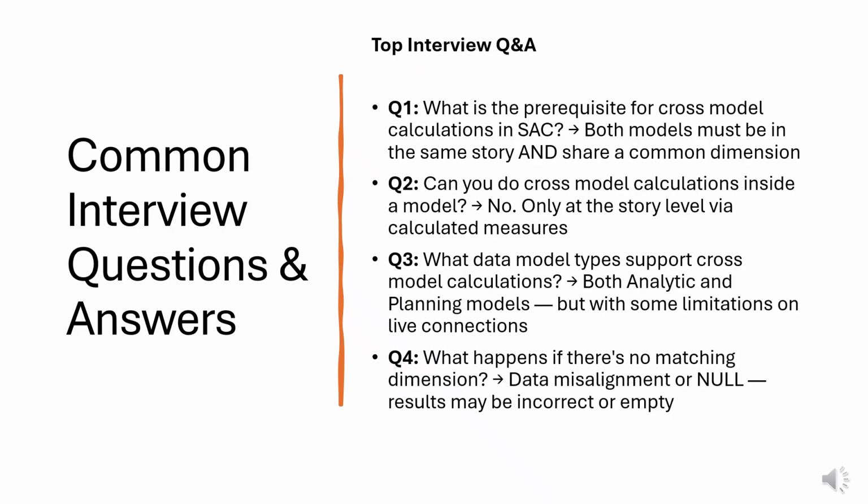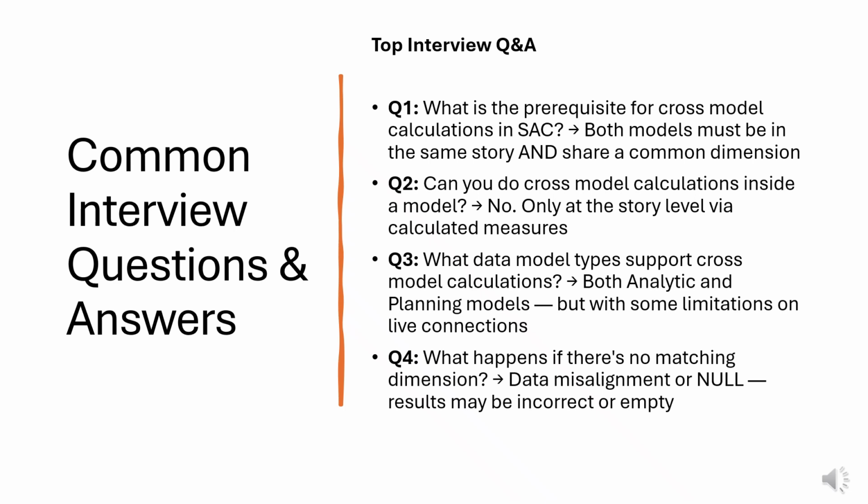Now let me walk you through the most common interview questions on this topic. The first could be: what are the prerequisites for cross-model calculation? Your answer should clearly state that both models must exist in the same story and they must share a common dimension for the data to align correctly. The second could be the trap: can you define cross-model calculations inside a model? No, this is a story level feature only.